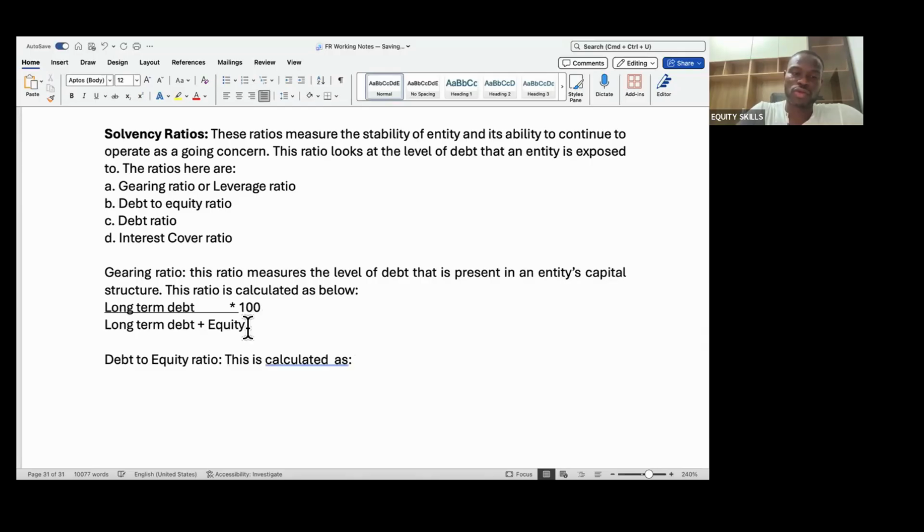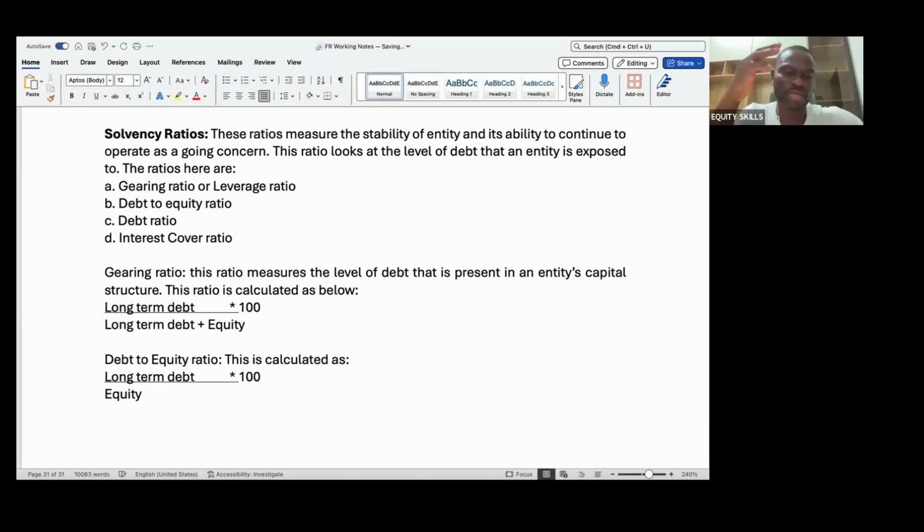It's calculated as long-term debts all over equity, multiplied by 100.